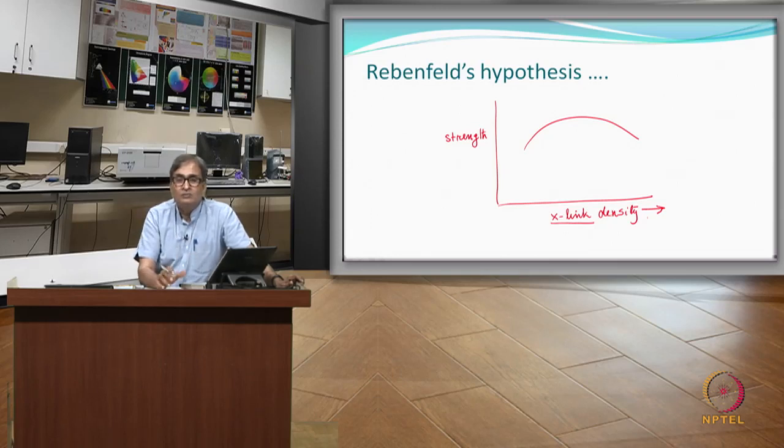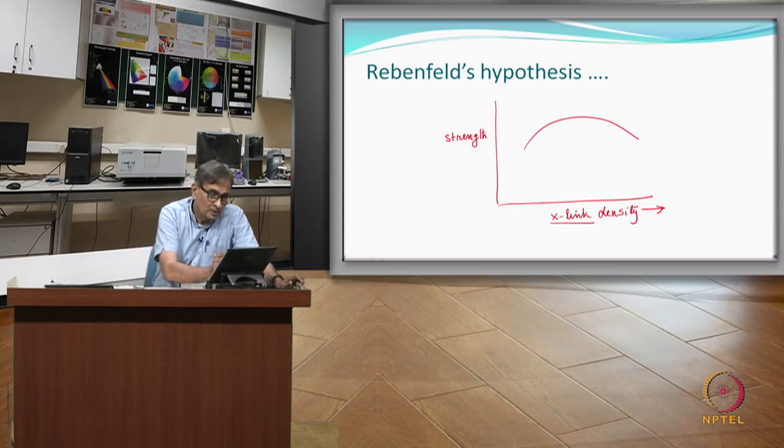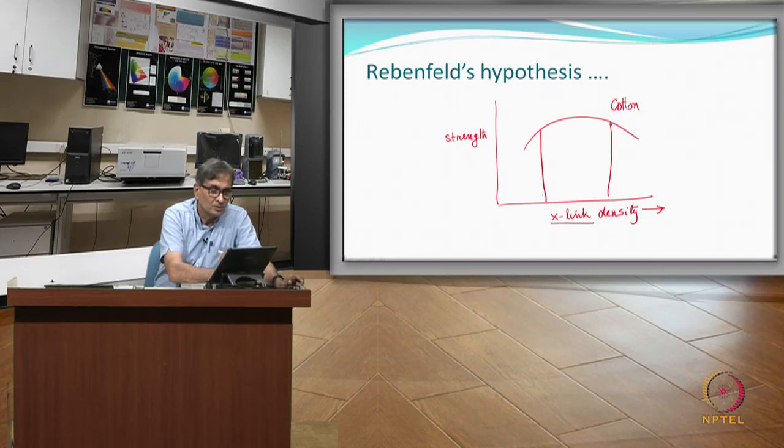So, overall intermolecular bondings and forces that you have together, if you put them and then try to plot. And what was hypothesized was the cotton lies on this side of the curve, the viscose lies on this side of the curve.